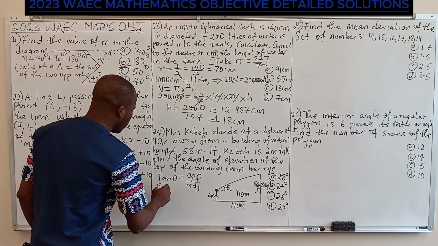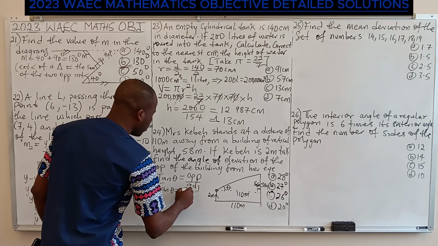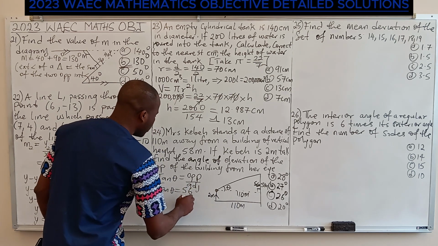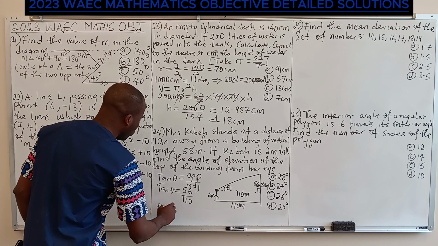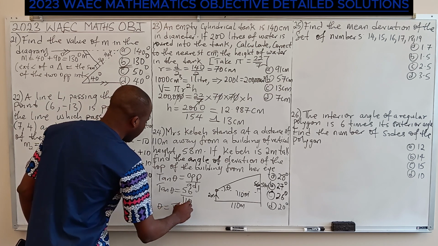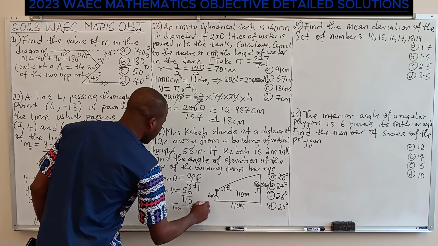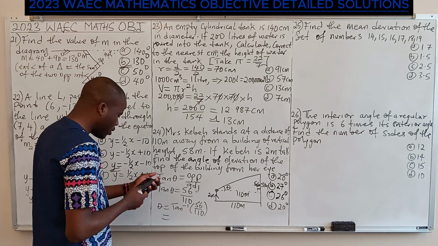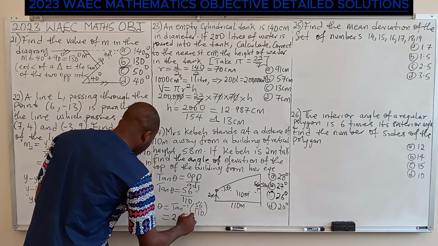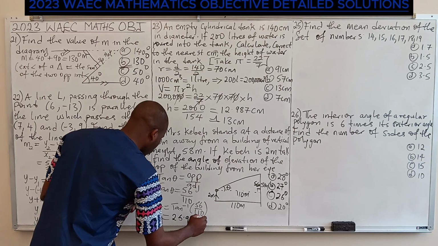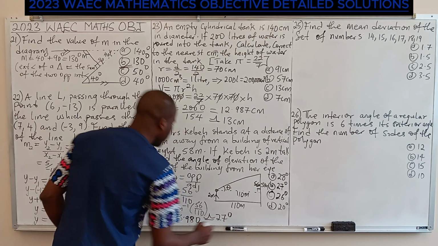So tan theta, opposite is 56 and adjacent is 110 meters. So theta will be tan inverse of 56 over 110, and tan inverse is 26.980, which is approximately 27 degrees.